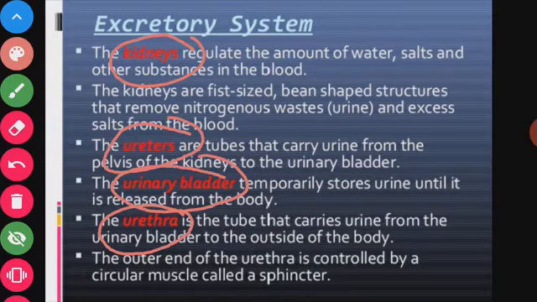Nephrons are the functional units of the kidney. When blood enters the kidney, the useful substances are filtered out through the nephrons, and the clean blood is sent again for circulation in the body.